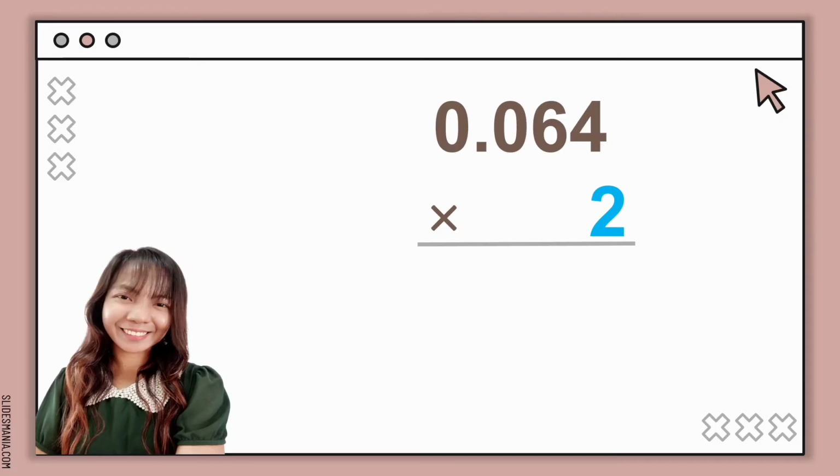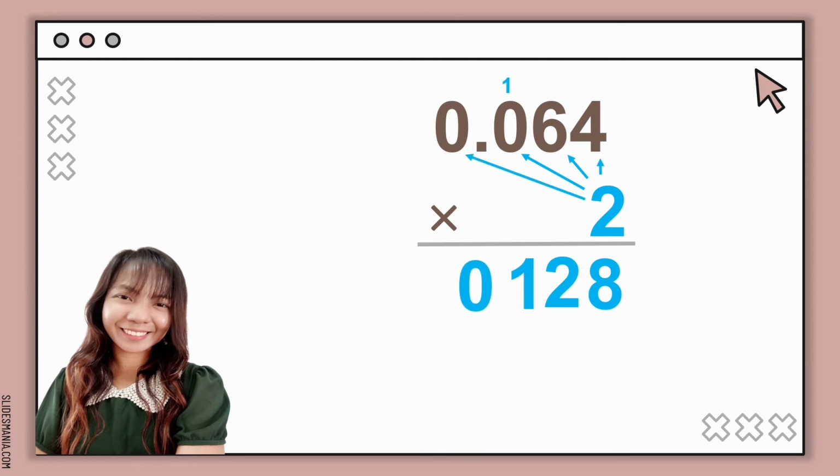Now let's multiply the decimal to whole number. 0.064 times 2. So 2 times 4, 8. 2 times 6, 12. So 2 carry 1. 2 times 0, 0. Plus 1, 1. 2 times 0, 0.